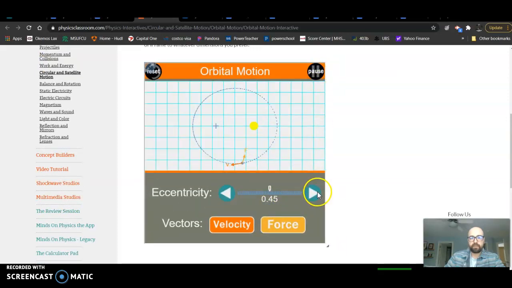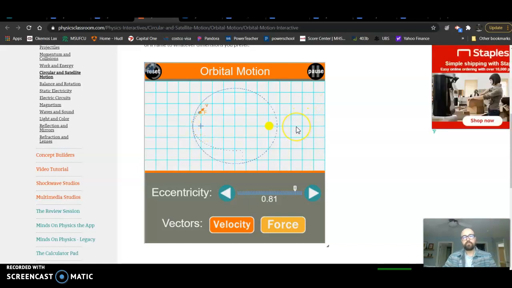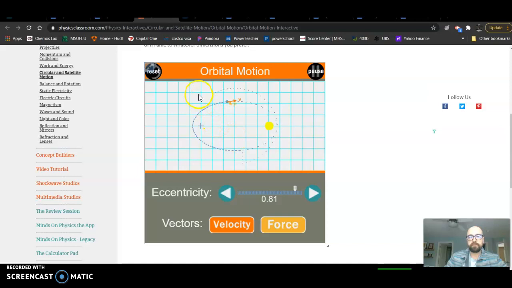Since I've got this going, if I were to increase the eccentricity, that made it go from this outside ellipse to a smaller height, if we would call that height, but more of an elliptical shape. And I like what this does. You can actually see that slingshot effect that we talk about as it does this in this kind of an orbit.